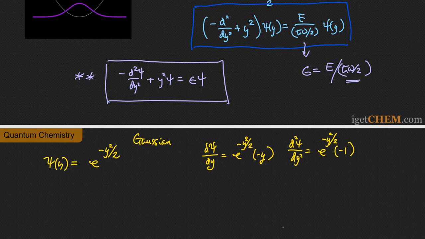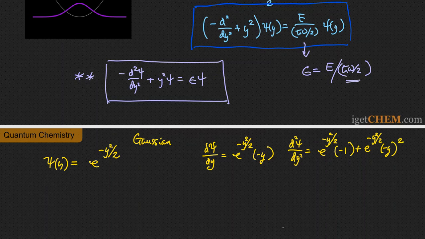And then the second term will give you the derivative of the exponential, which, as we have shown previously, is just minus y times e to the minus y squared over 2, and then multiplied by another minus y, which is the second factor.